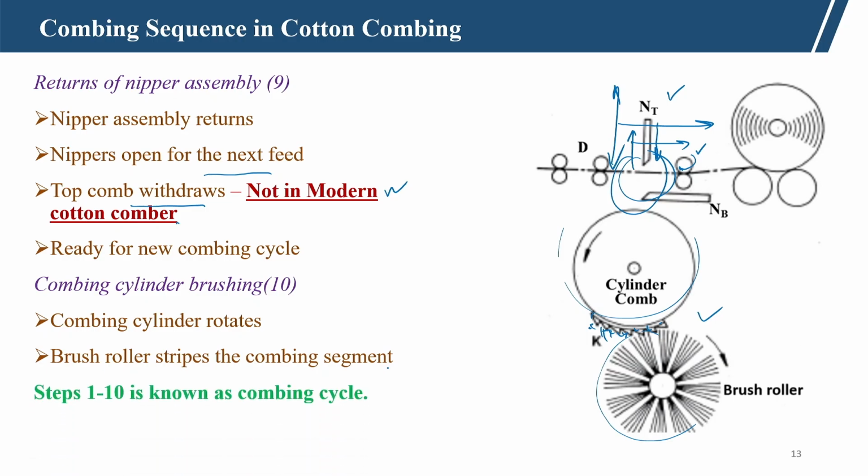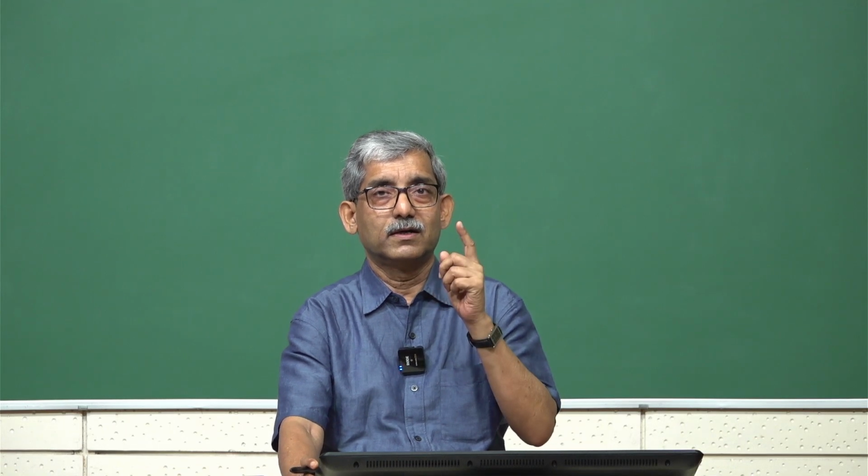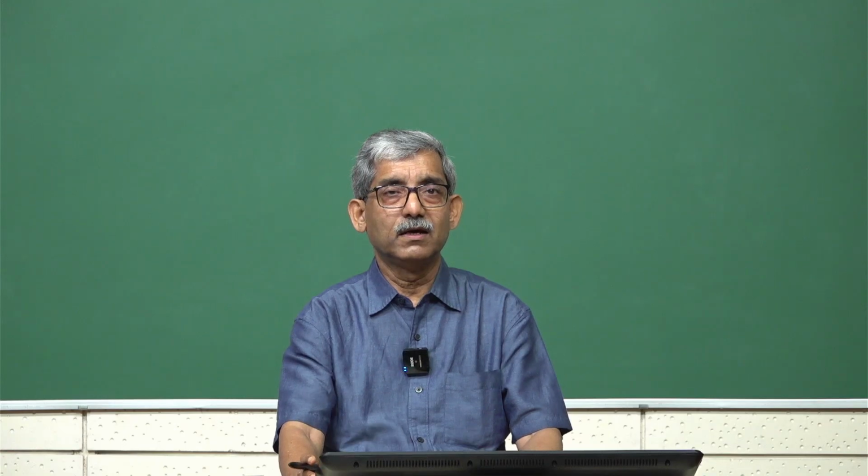and the total steps from 1 to 10 we have discussed. This whole set of steps is known as the combing cycle. Now, this is one single combing cycle. In a modern high speed comber, this was typically 450 to 500 cycles, now it becomes 600, 700 cycles per minute.